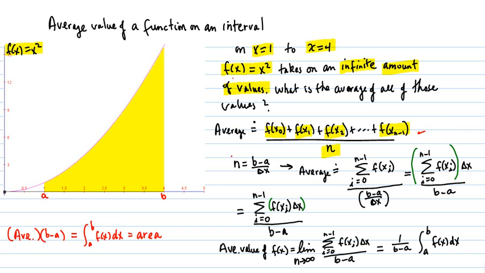Then we realize that n equals b minus a over delta x. So we substitute that in, and we convert over to the summation notation, and it starts looking like part of a Riemann sum. Then we divide fractions, which means we invert the divisor and multiply.